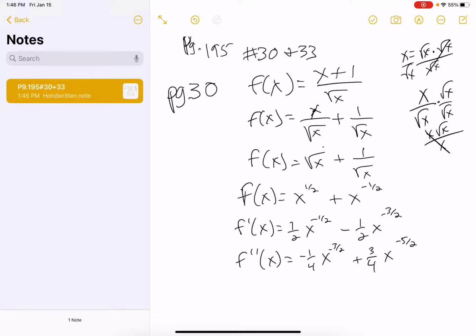Okay, so now I'm going to set that equal to 0: negative 1 over 4 x to the 3/2 plus 3 over 4 x to the 5/2. The easiest way to solve with fractions is to have one fraction, right? So I'm going to get a common denominator.